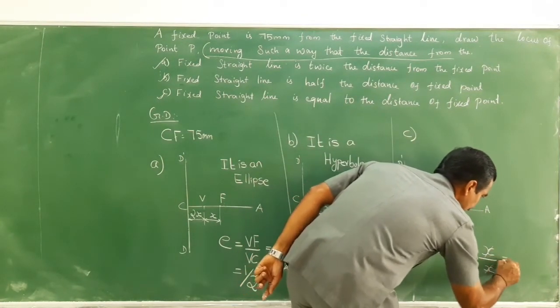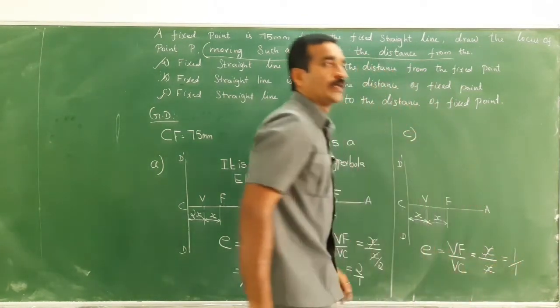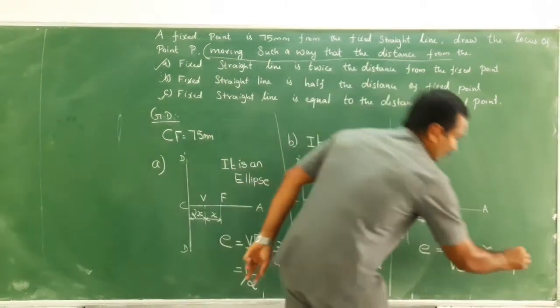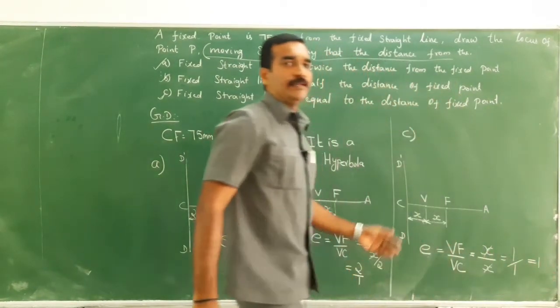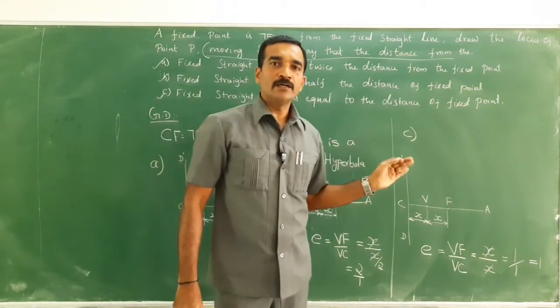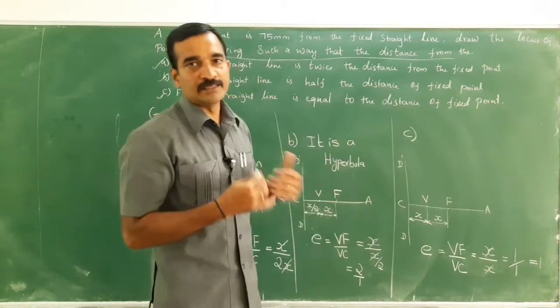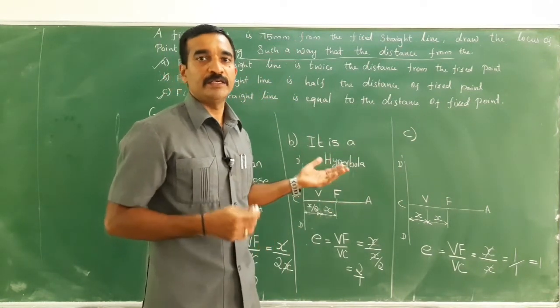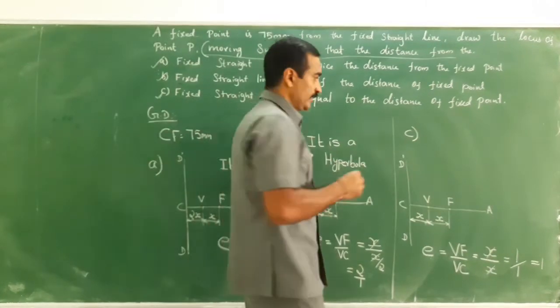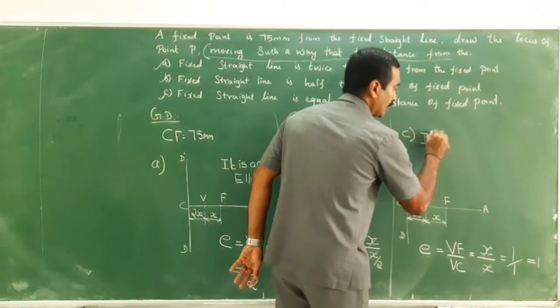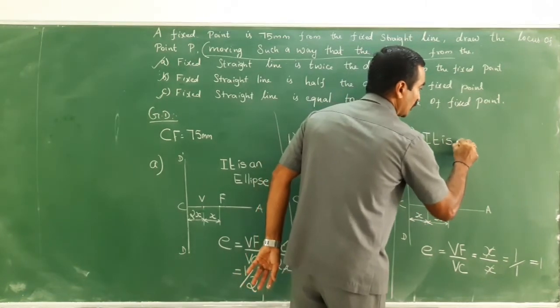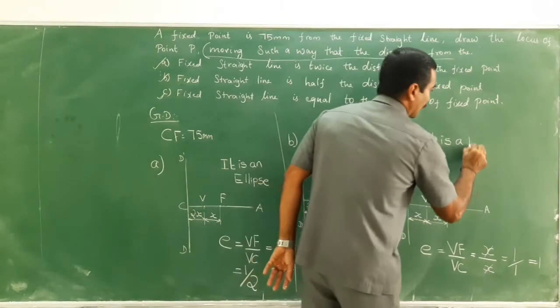So x gets cancelled. 1 by 1, the value is 1. When E is 1, what could the curve be? E is 1. It is a parabola.